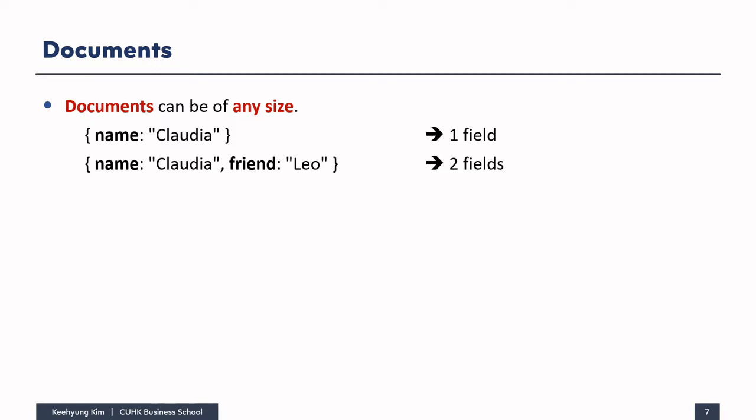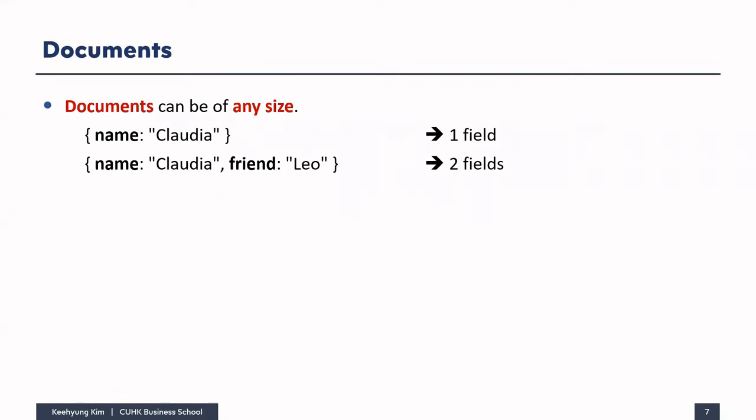In a relational database, every row of data has a fixed number of attributes, the same for every row inside the table. However, in MongoDB, every document can have a different number of fields. So it can be any size.